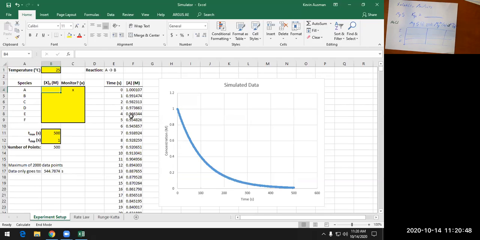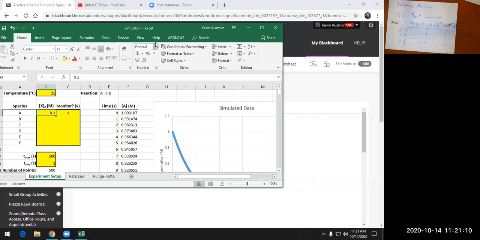But if we start with 0.1, hello, why is it not updating? Formula.